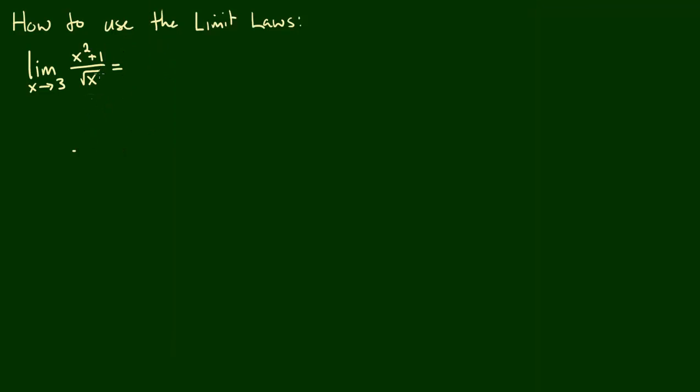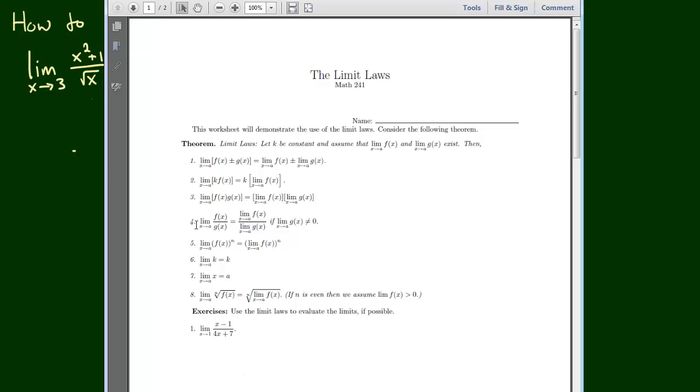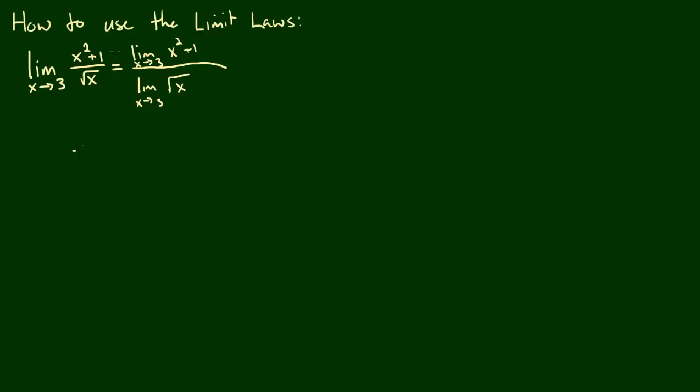So back over here, this is all going to be the same thing as we make a fraction, and this is just going to be the limit on the top of x squared plus 1 all over the limit of square root of x. And both of these limits are as x approaches 3. And what we did here is we used the limit law number 4 to do this. So this is all because of number 4, right?